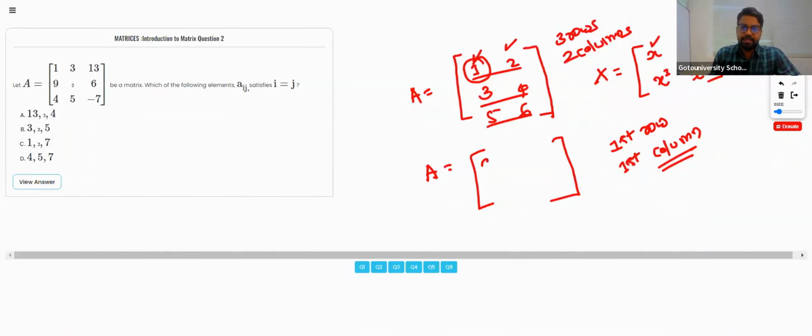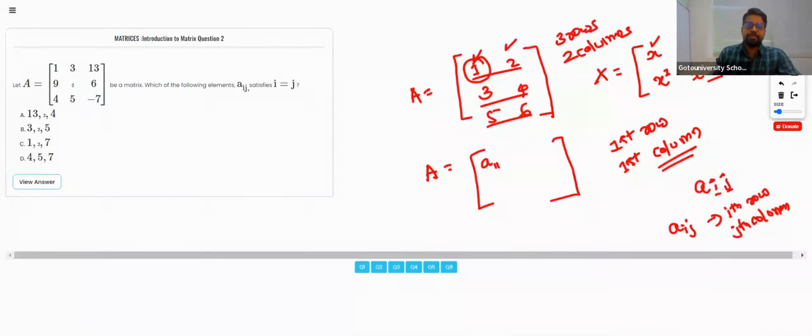So I'm going to generalize this matrix in this form: A11. That's the first row, first column. So the subscript indicates the row and the column. There will be 2 values in the subscript. The first part indicates the row number, the second part indicates the column number. So if I simply say Aij, i means the ith row, and j means the jth column.